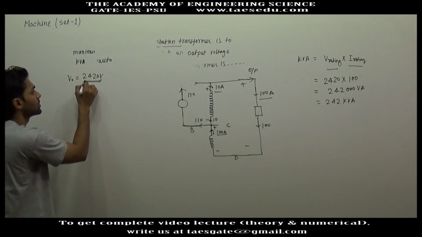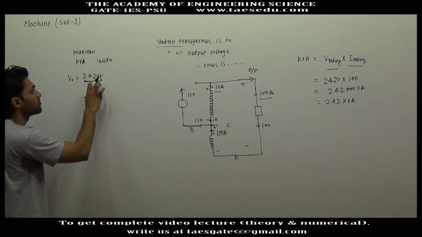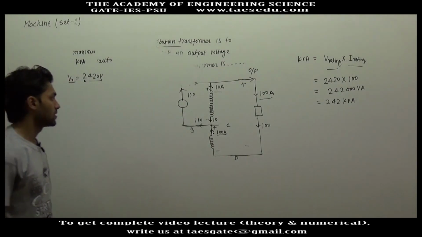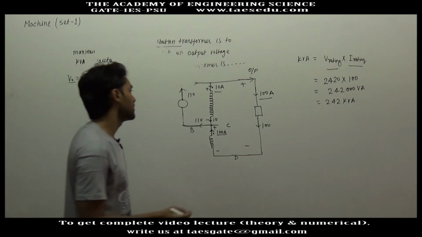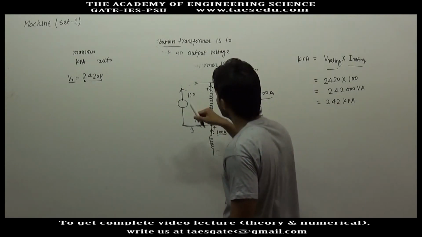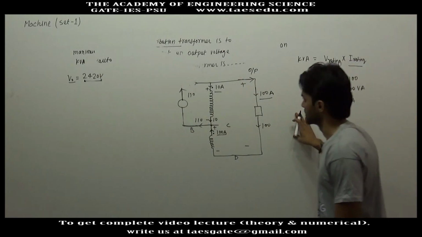If the maximum kVA is asked, there may be some more kVA for the same output voltage. So let us try to find out whether there may be another rating of this auto transformer for the same output voltage.